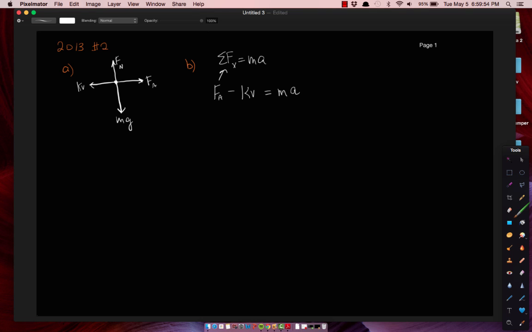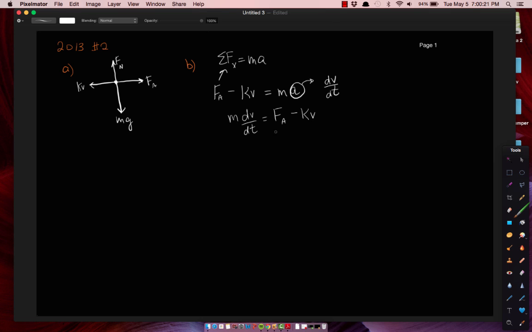Now, this is the part which requires calculus knowledge. What we should know is that a is the same thing as dv over dt. So now we can say that m dv/dt is equal to the force applied minus kv.